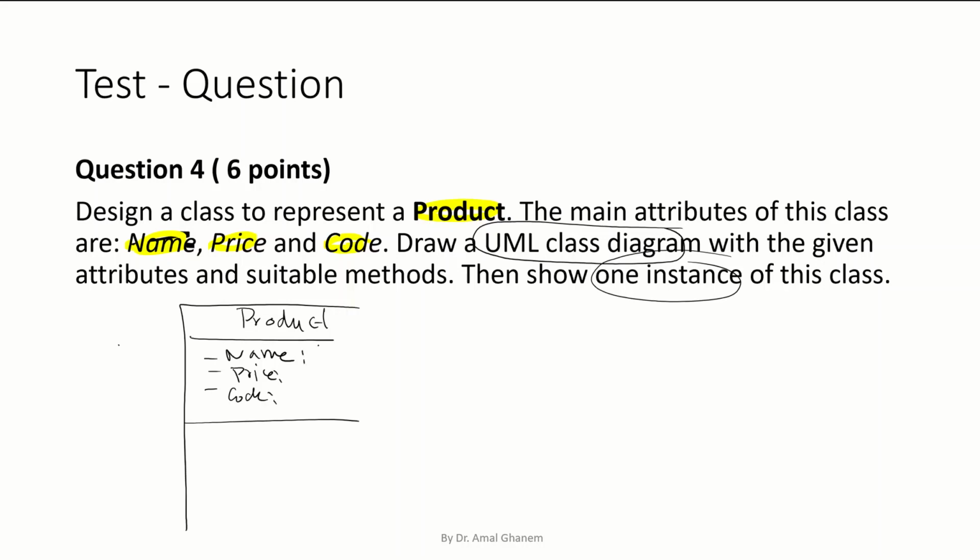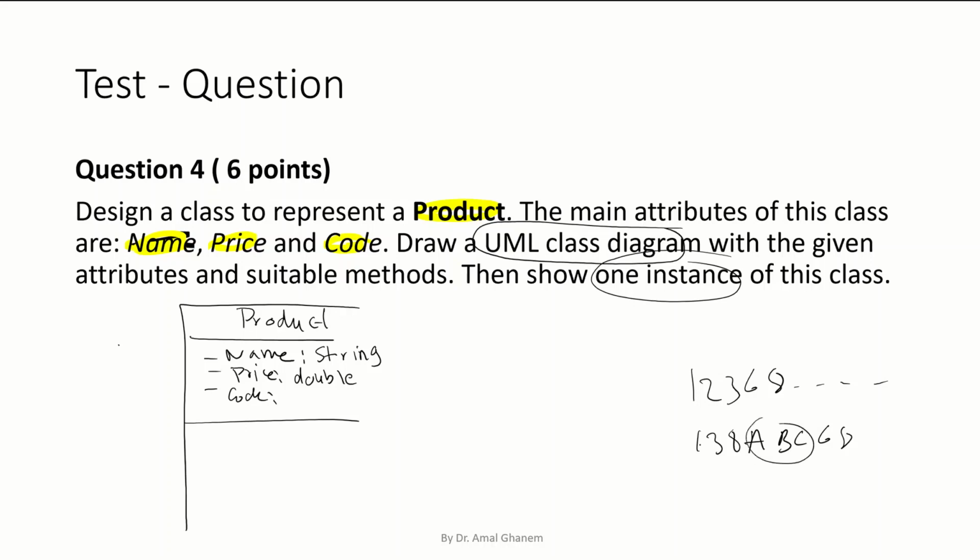So always we know that name, usually they are defined of type string, a price a double value. And when it comes to the code, for products, we can have code, for example, like 1, 2, 3, 6, 8, a very long number. So we can have the data type here as long. Sometimes the code is more like a barcode. So for example, we have 1, 3, A, B, C, 6, 8.